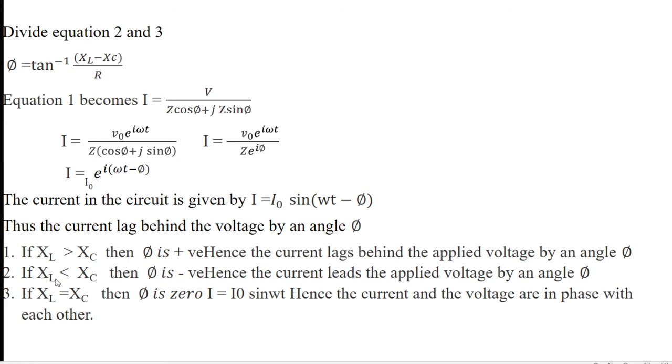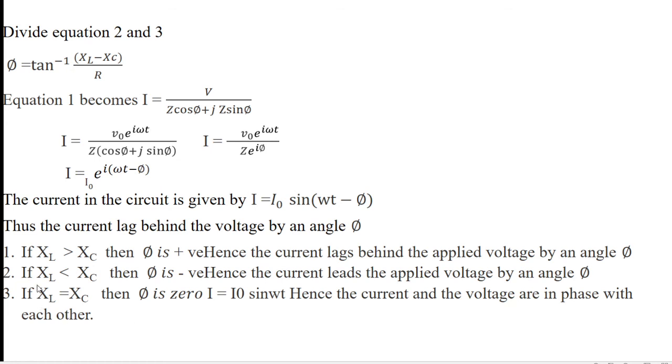If in the circuit the inductive reactance is less than the capacitive reactance, then phi is negative. Hence, the current leads the applied voltage by an angle phi, or the voltage lags the current by an angle phi.